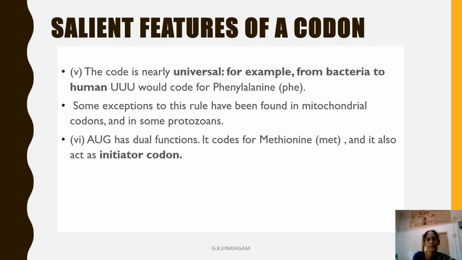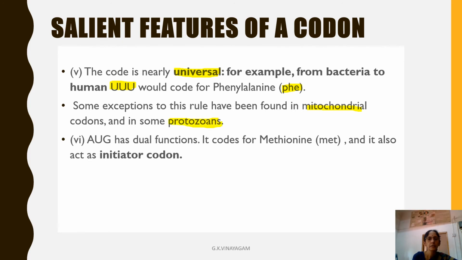Now the codon is said to be universal. Why are we using the word universal? For example, you have studied triple U, which codes for which amino acid? Phenylalanine. In all organisms from bacteria to human, triple U codes for phenylalanine, but exceptional cases are mitochondrial codons as well as protozoans.